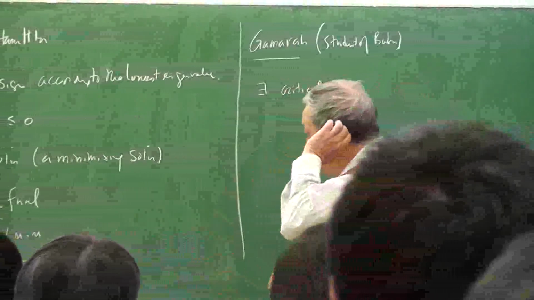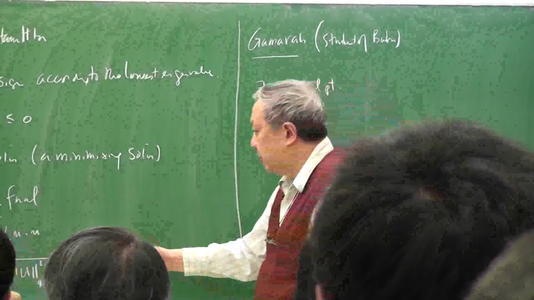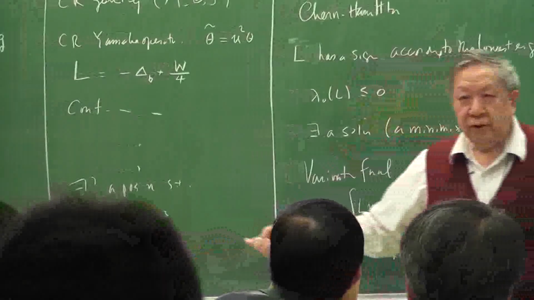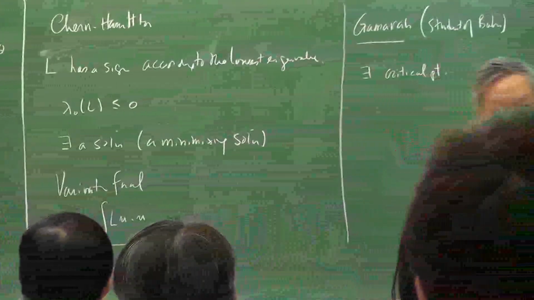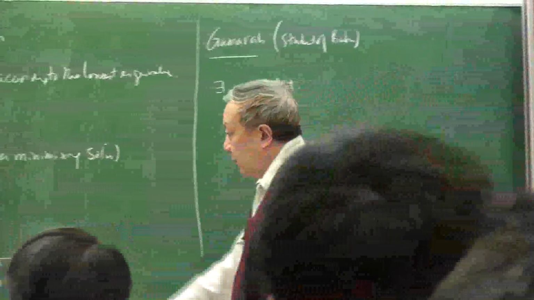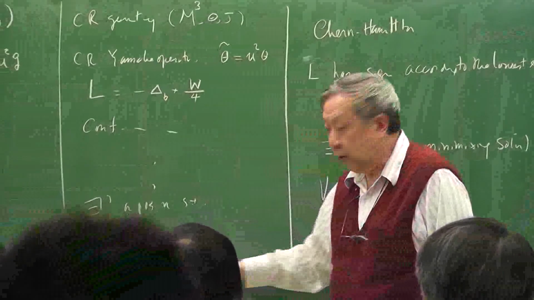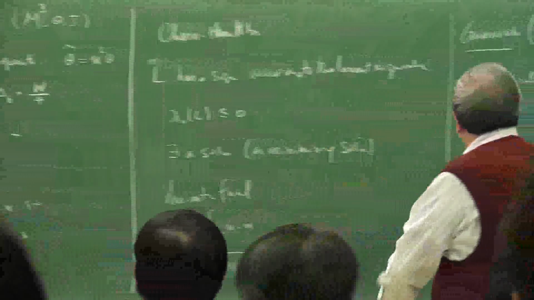In other words, there exists a solution. It may not be a minimizing solution, but still a solution to this equation. But for geometers, of course, the interest is to find the lowest energy solution, because we want control of this constant. If the energy is high, this constant is high.